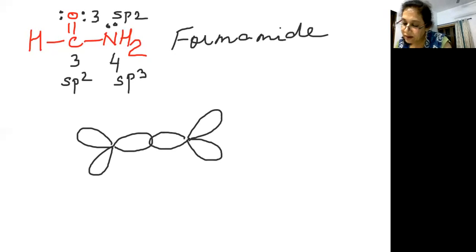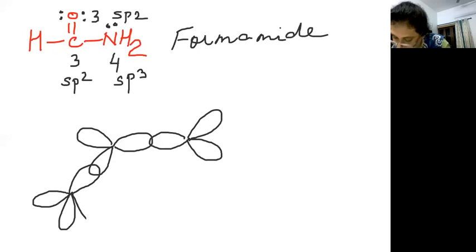I made my oxygen, and now I have nitrogen which is connected to carbon, and the nitrogen is sp3. So let me connect it to carbon and make it sp3. Fine, so I've made that. Now let me change the color, so that I can show you, this one is carbon, this one is oxygen, and this one is nitrogen.